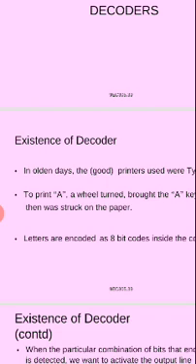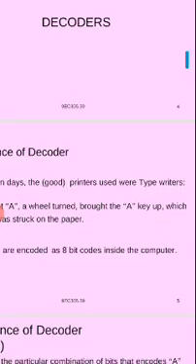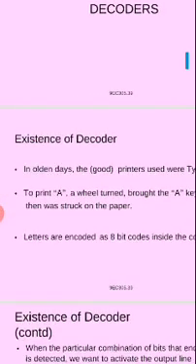To print a wheel turned, brought the A key up, which then was stuck on the paper.